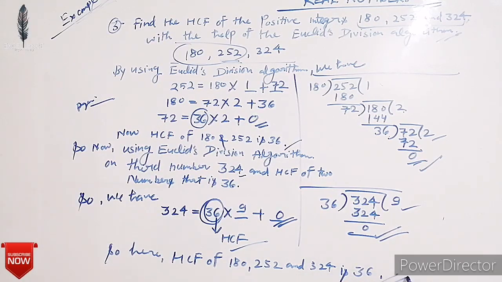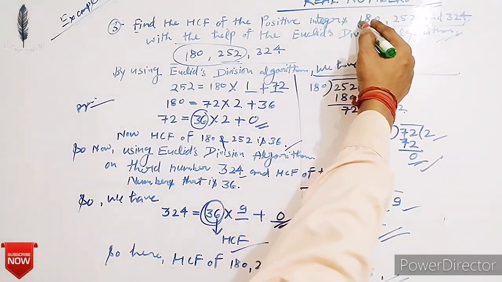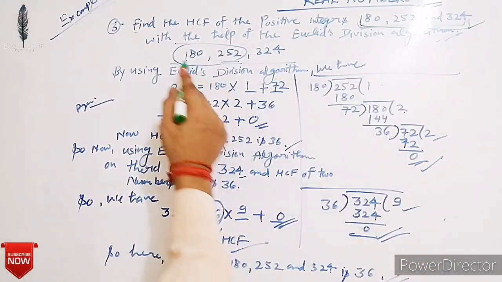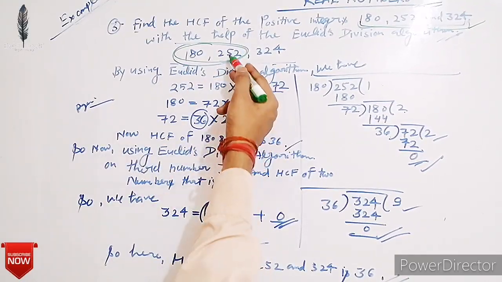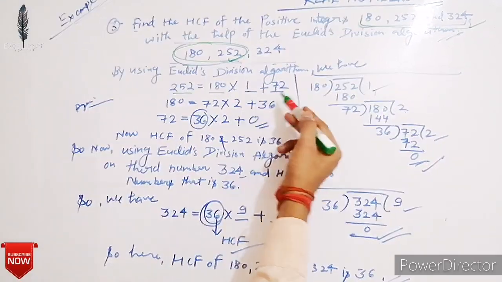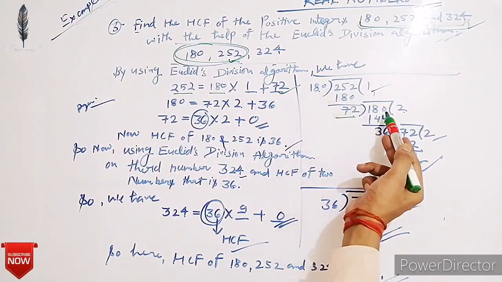Okay students, clear? Again, understand once more. We have to find the HCF of 180, 252 and 324. So first we find the HCF of 180 and 252 by using Euclid's division algorithm. So here 252 is equal to 180 into quotient 1 plus remainder 72.